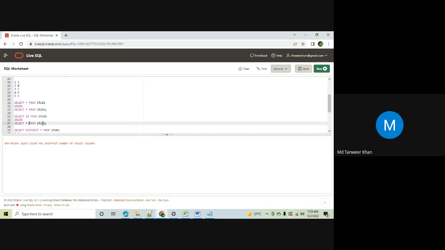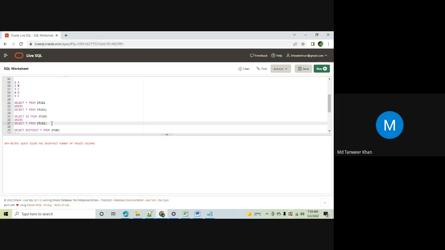Second query, how many columns will it fetch? Two. The number of columns in both queries is different. That's why this throws the error message. So what we understood is, if you are using union, then both queries must have the same number of columns.